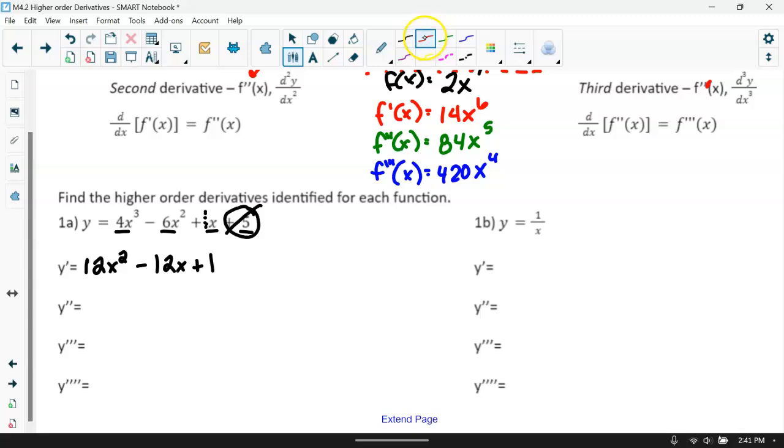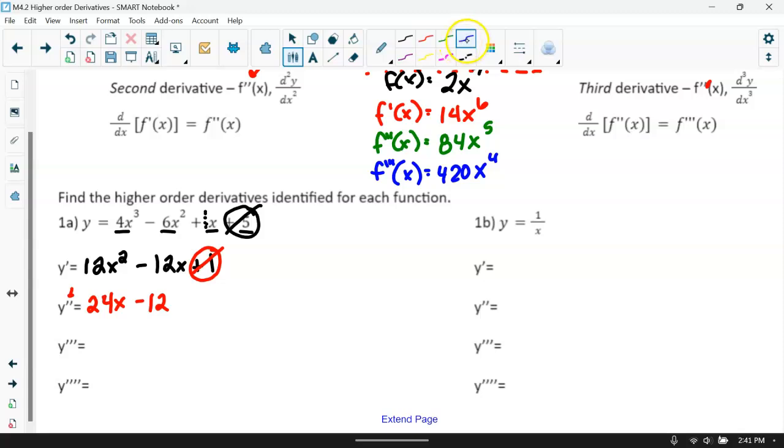Now we're going to get the second derivative. Notice our notation. This is 24x, because we subtract 1, minus 12, taking the coefficient here, and that's it, because the derivative of our constant is 0.